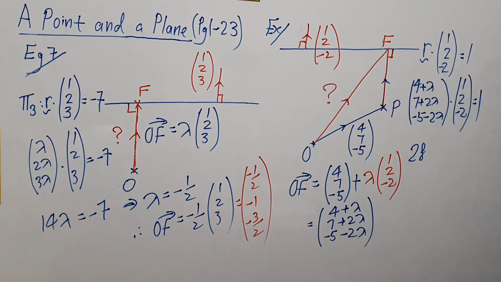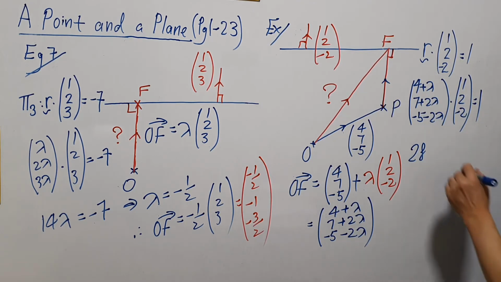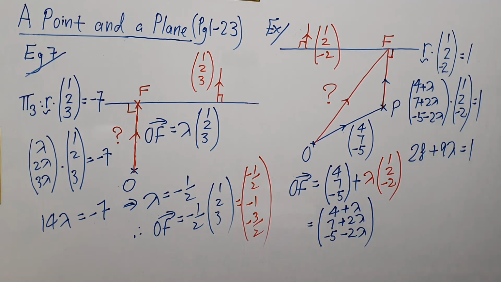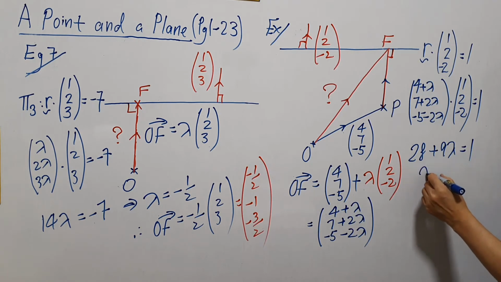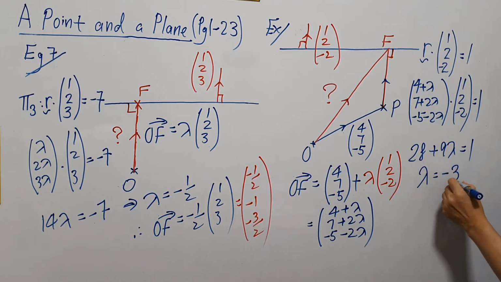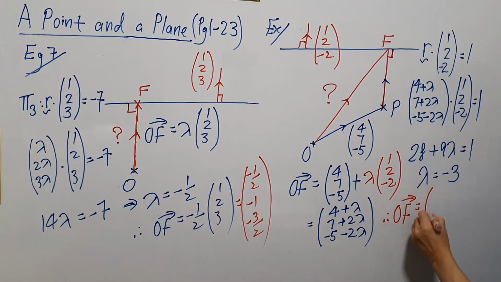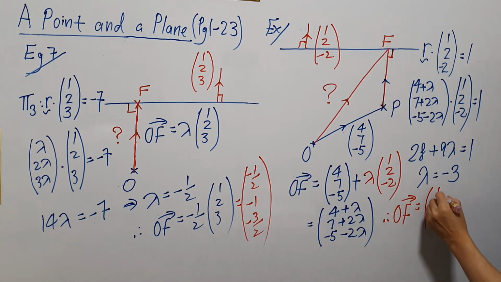Let me check again. 1 plus 4, 5. 5 plus 4, 9 lambda. Alright, you get 9 lambda. So therefore, from here, your lambda is equals to minus 3. Now that lambda is minus 3, you can say therefore OF is equals to, put lambda as minus 3 inside here, you get 1, 1, and 1.